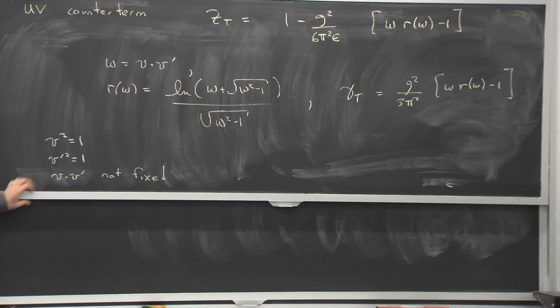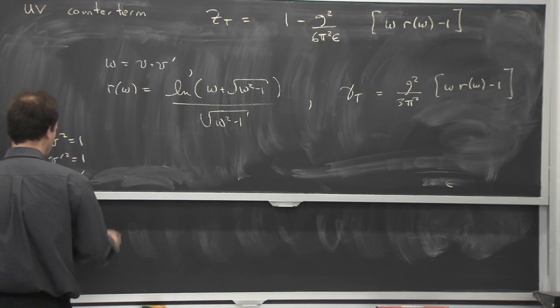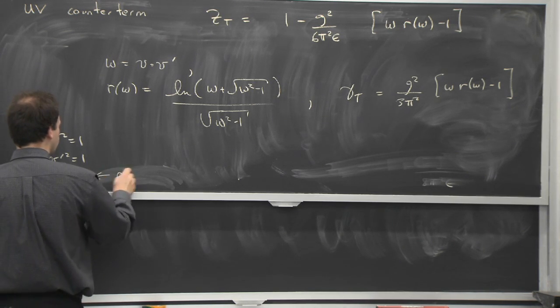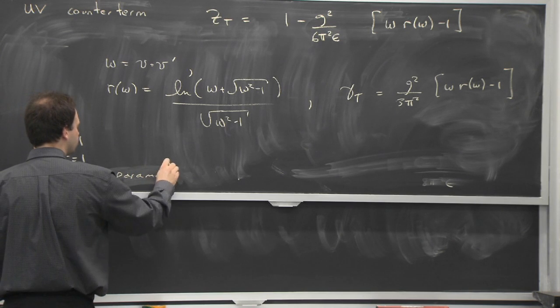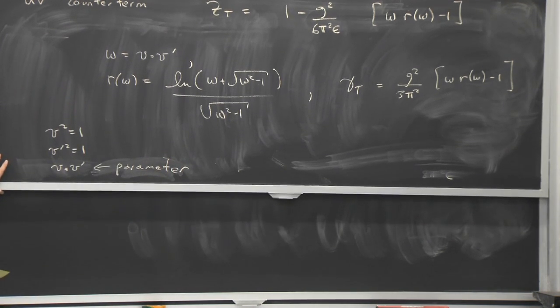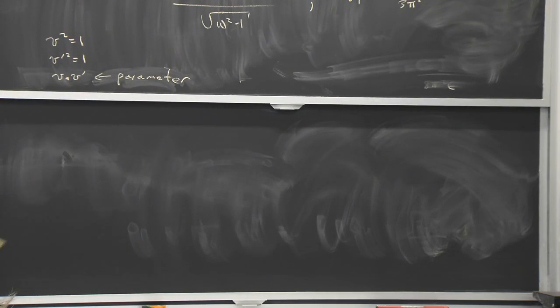Well, it's not fixed simply by, that's a poor choice of words. This is a parameter that can vary. So it will be fixed by kinematics, but it can depend on the kinematics. So let me go through this and organize it as a bunch of notes, comments.